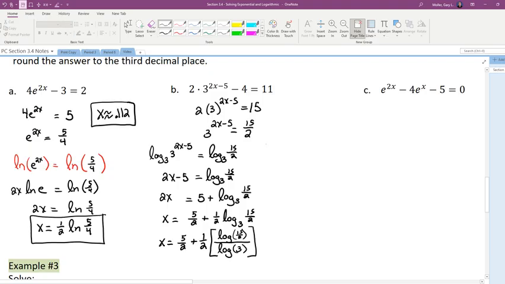So that was one way. The other way I could have done it, since I can't do log base 3 on my calculator, is to do log base 10. If I do log base 10 of both sides, I would get log base 10 of 3 to the 2x minus 5 equals log of 15/2.